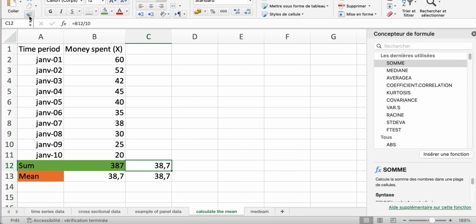There is another method to directly calculate this mean by using a function. I try to calculate it here.